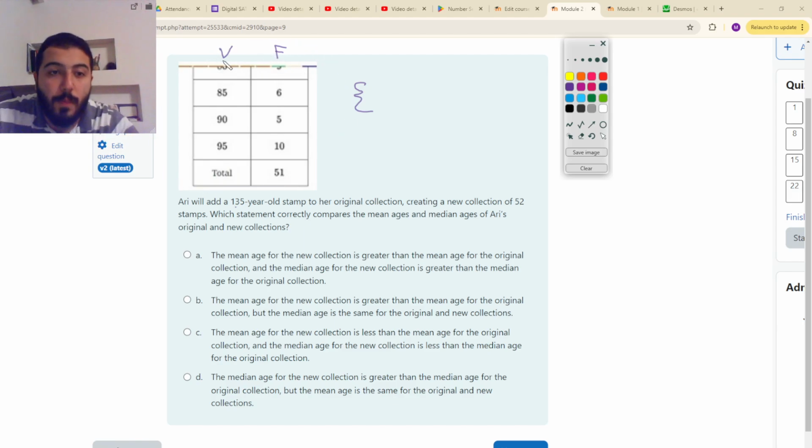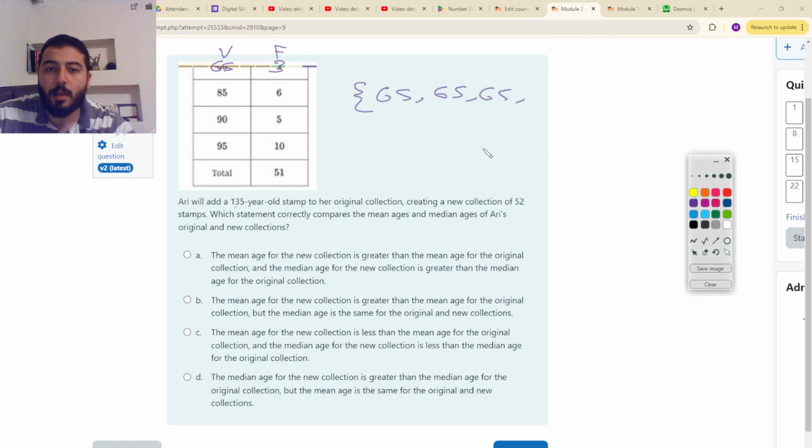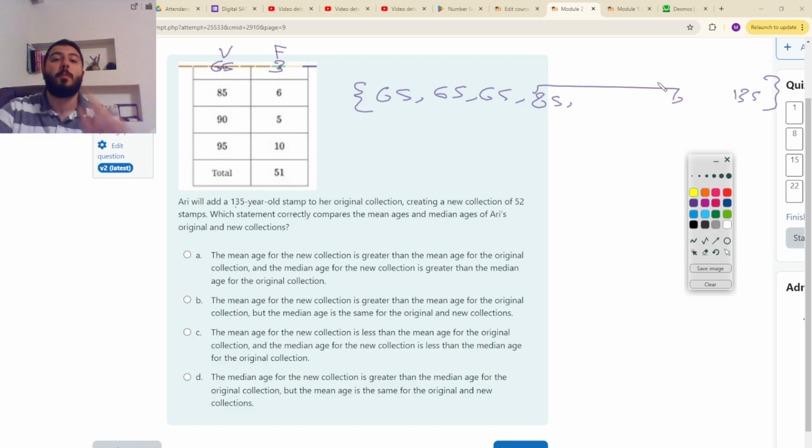Let's imagine this one is like 65 and there are 3. So now we have 65 and 65 and 65. We have 3 stamps, each one of them is 65 years old. And those are not only one, those are 6 stamps of 85. So we have 6 of 85, and we have 5 of 90, and we have 10 of 95. But now we added to all of this 135, which is more than all of them.